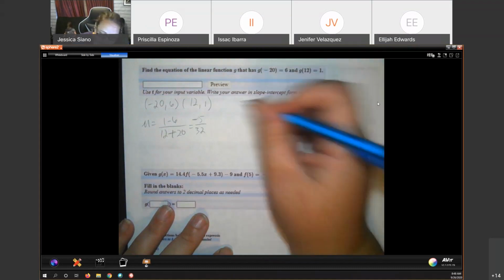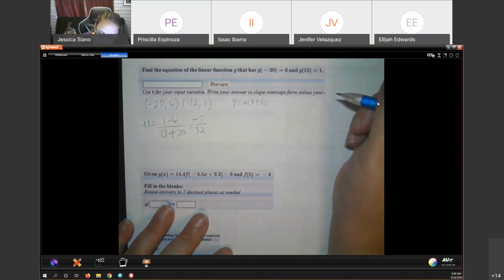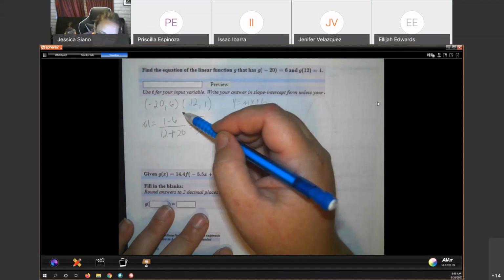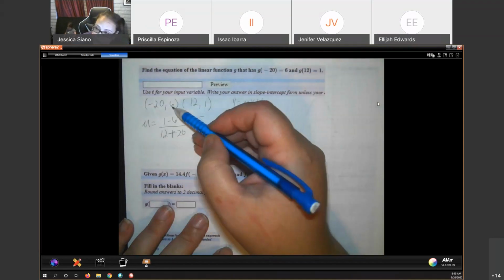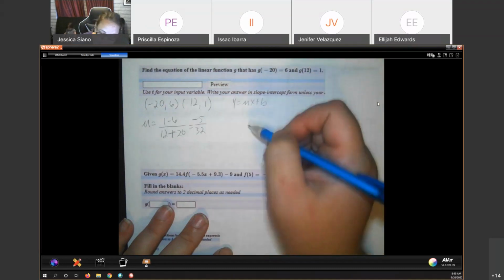Now, remember that the equation is y equals mx plus b. So I'm going to use my point here, and I'm going to say this is x, this is y, and this is m. And I'm going to plug in so that I can get b.